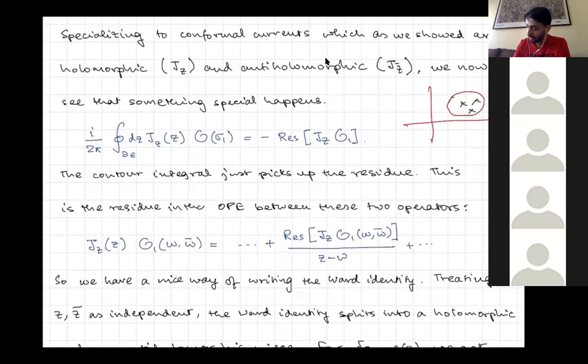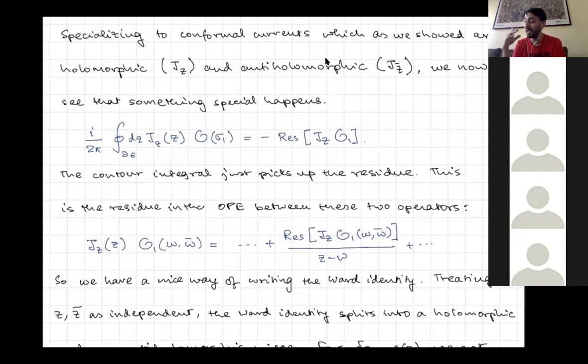Let me just rephrase this. You can write this guy as some OPE, and the OPE is going to have singular terms. These are the terms that we are interested in.